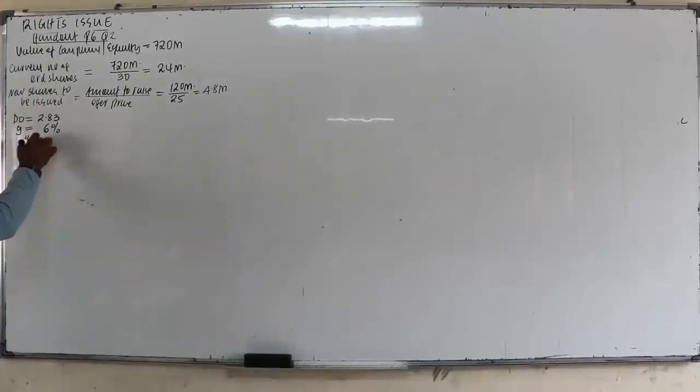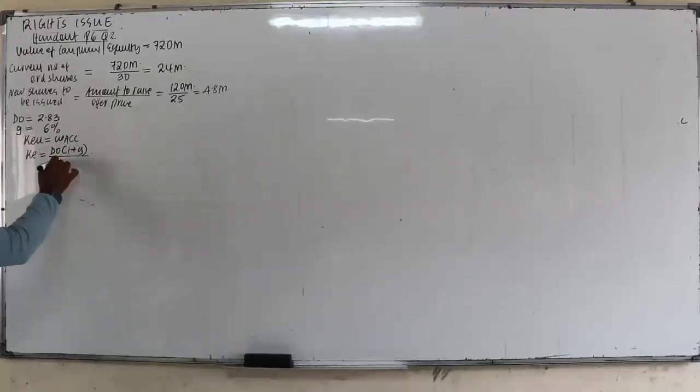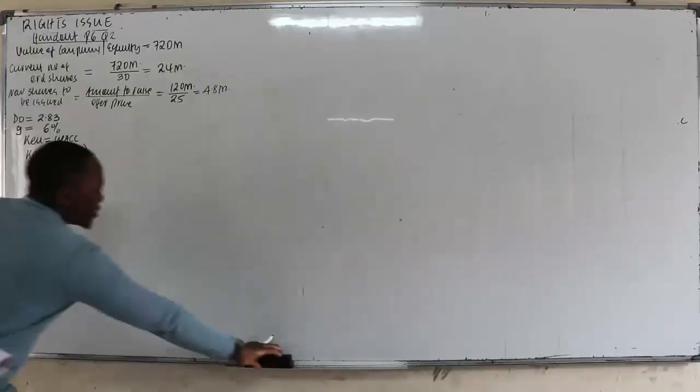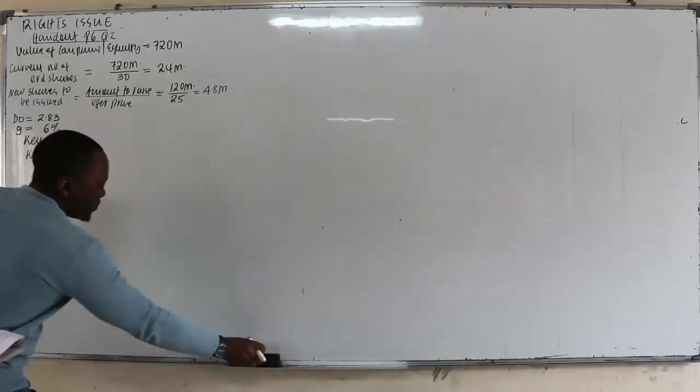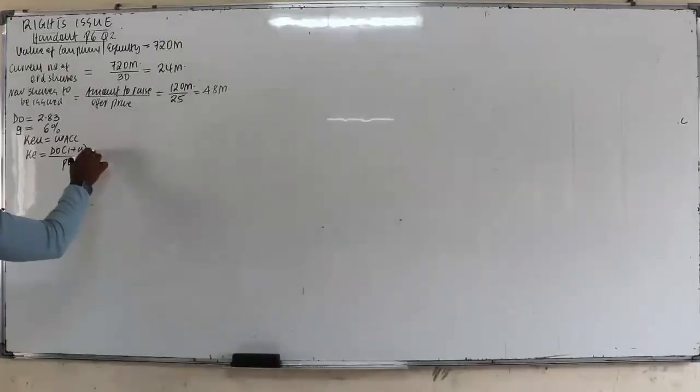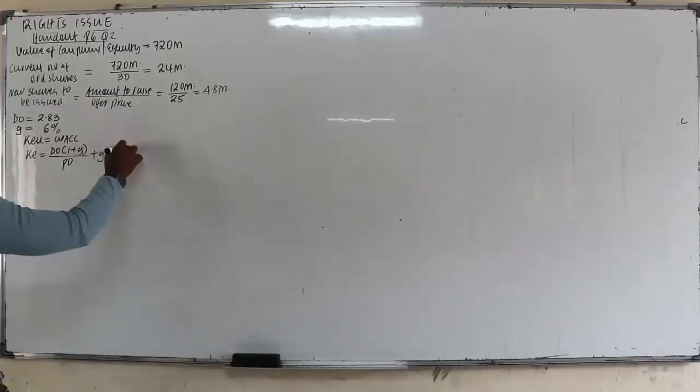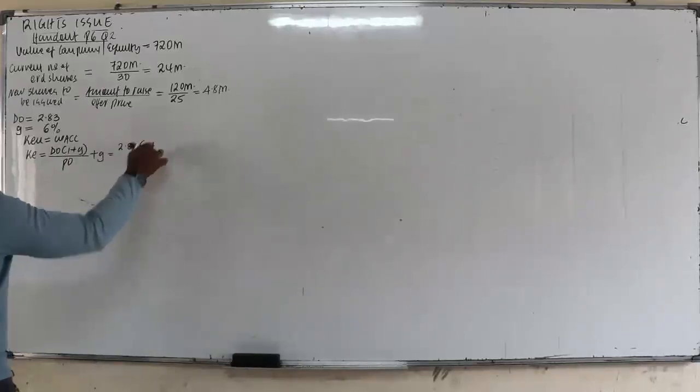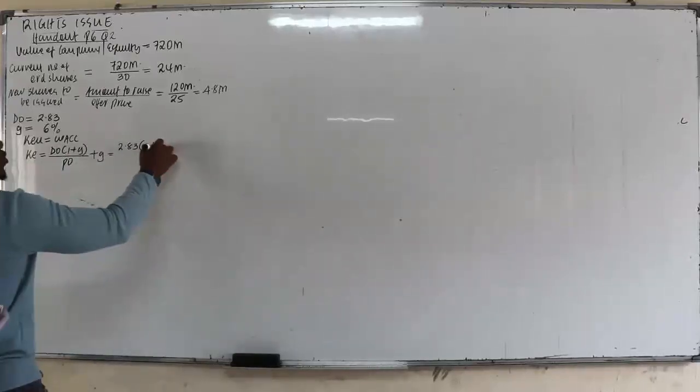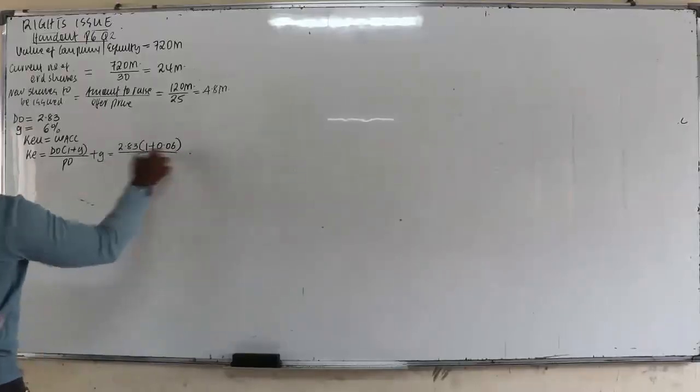Remember, the cost of equity of an ungeared firm is the same as its WACC. And to get the cost of equity, it's D0 (1 plus g) over P0 plus g. Where D0 we have is 2.83, 1 plus the growth rate, 0.06.